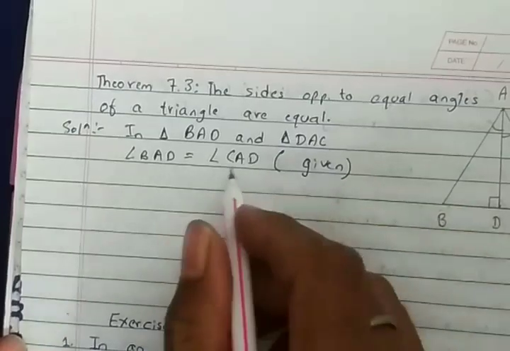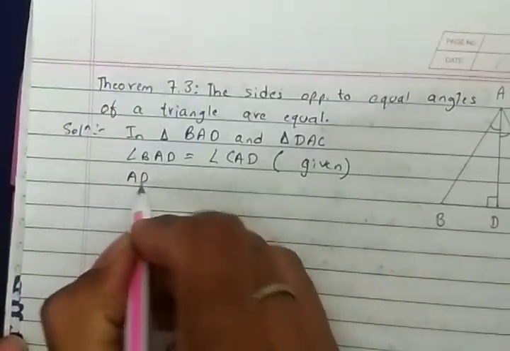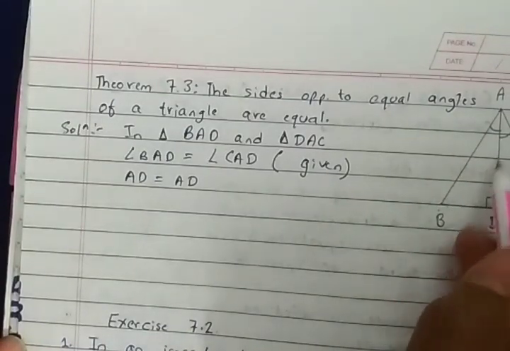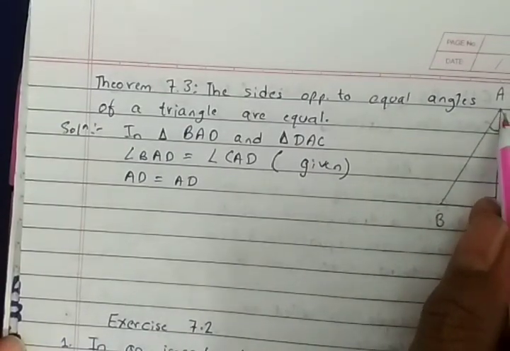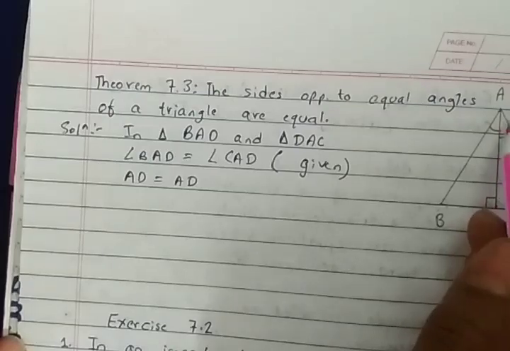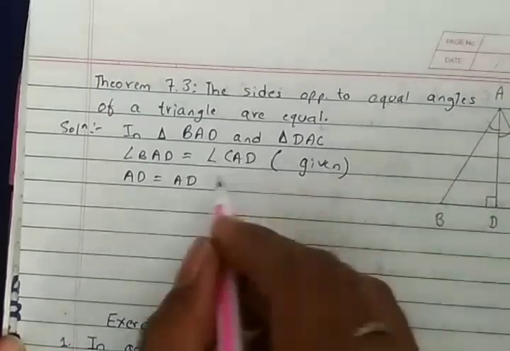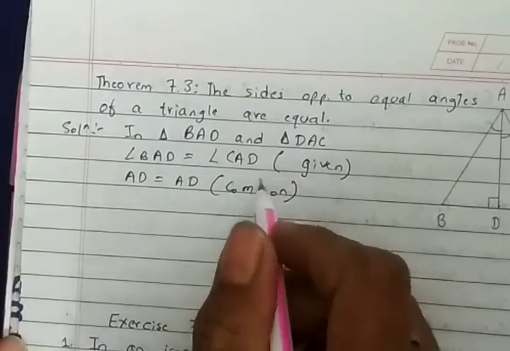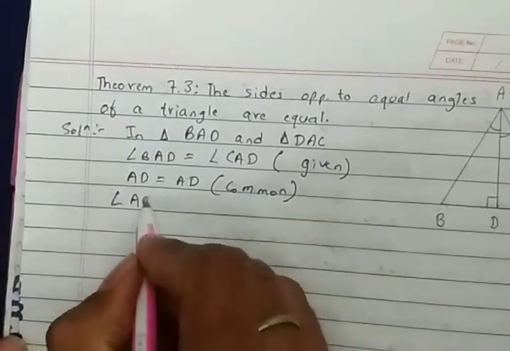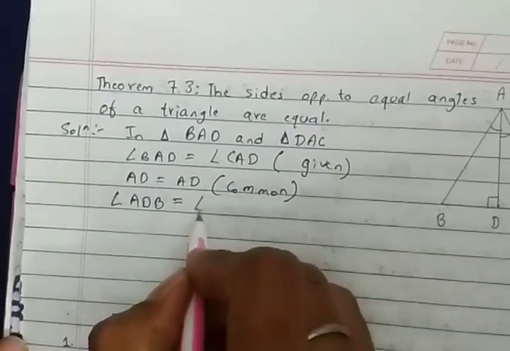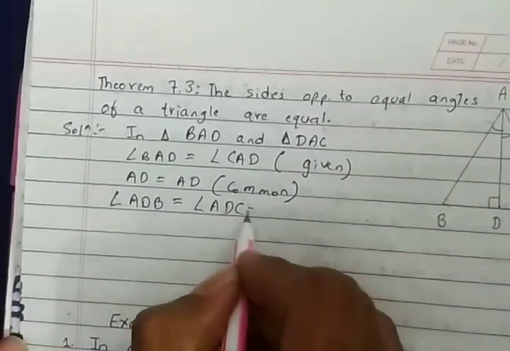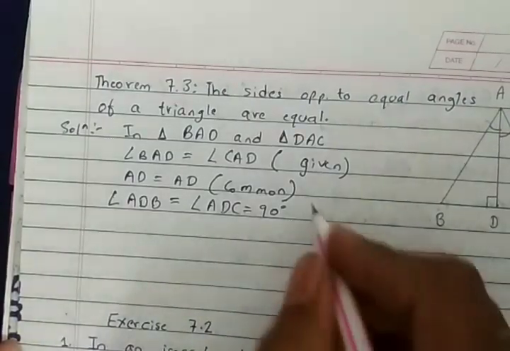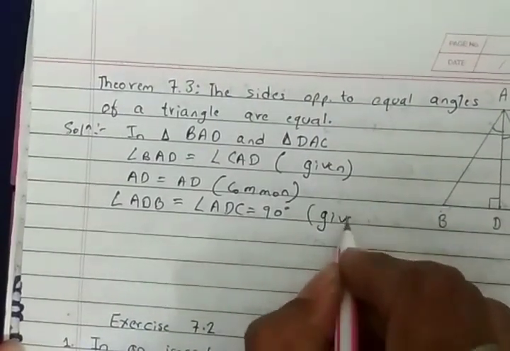Now AD is equal to AD, right, common side to both the triangles ABD and ADC. Now angle ADB equal to angle ADC equal to 90 degrees, right? Since it is a perpendicular bisector, this is also given.